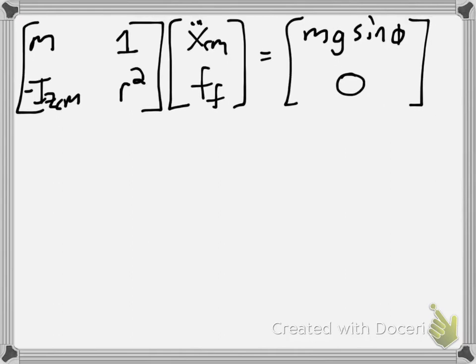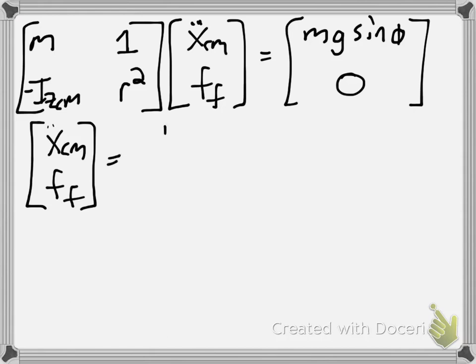And so x double dot of the center of mass over the force of friction is equal to 1 over the determinant of A. The determinant of A would be m times r squared minus a minus, so plus 1 times I_z center of mass, times the cofactor matrix.